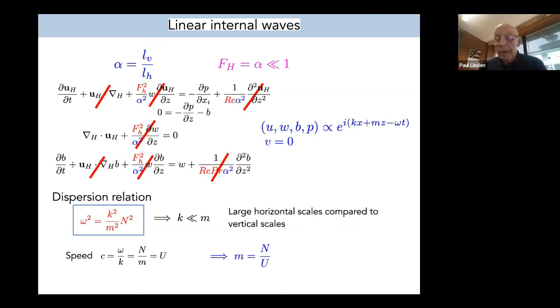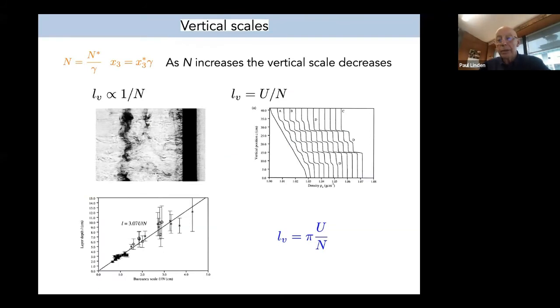So that means that each half of the wave is just pi u over n. So what you expect is a vertical scale which is pi u over n, and it's very close to the value that we measured there. So again, what we're expecting to see here is a close interaction between turbulence and internal waves.